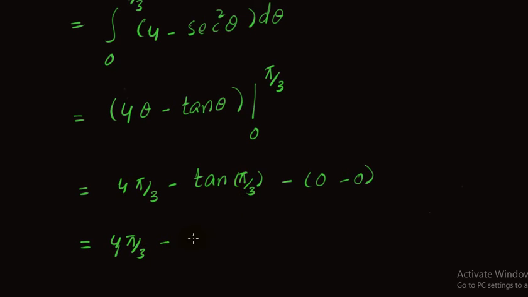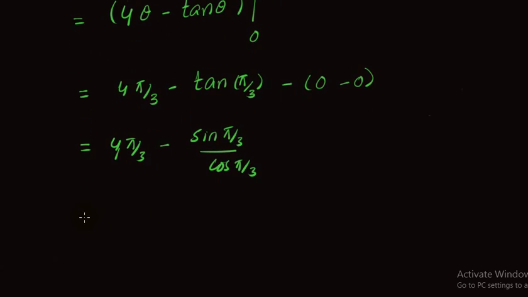Now tan pi by 3 can be written as sin pi by 3 upon cos pi by 3. Now this is equal to 4 pi by 3 minus, value of sin pi by 3 is root 3 upon 2, and cos pi by 3, which is cos 60 degree, is equal to 1 upon 2.